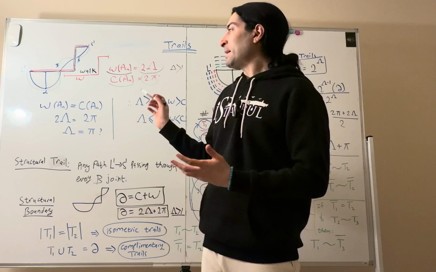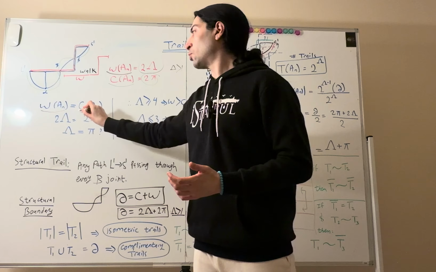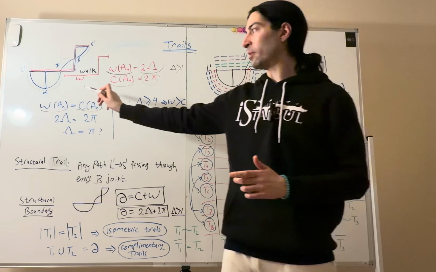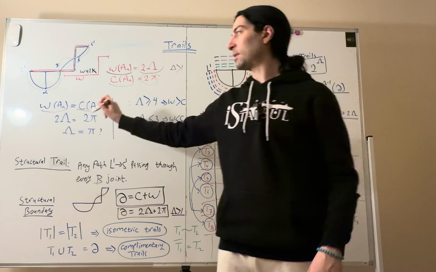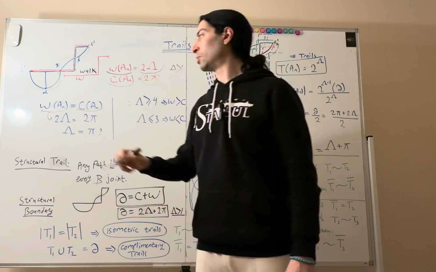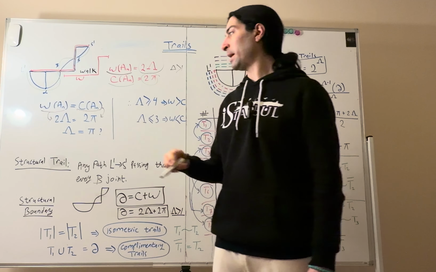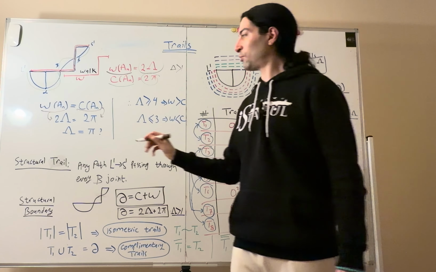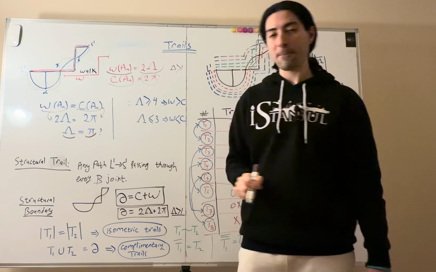So let's see, when is the walk of a sectoral structure equal to the curve of a sectoral structure? So W of AN equals C of AN. We know that W is equal to 2 lambda, and we know that C is equal to 2 pi. So this would be true if and only if lambda is equal to pi.